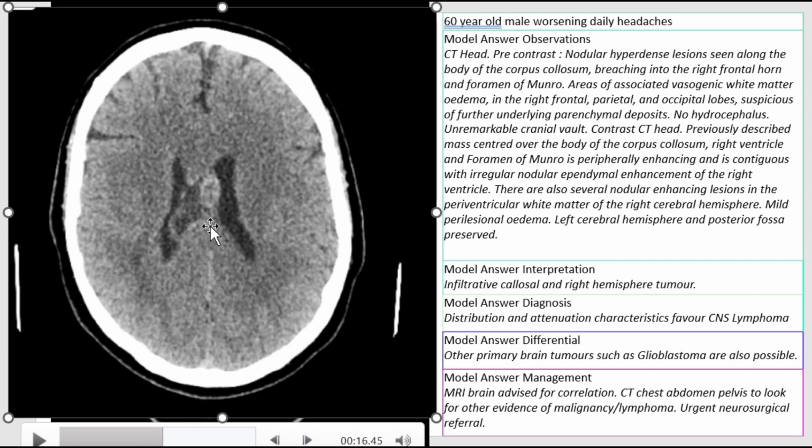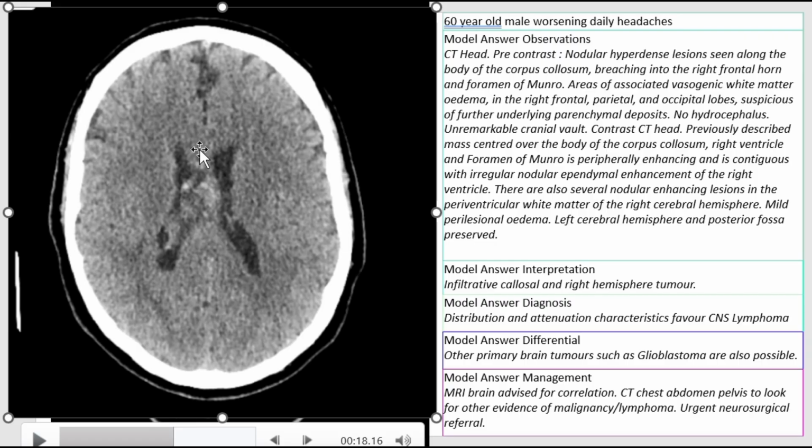As you know, the corpus callosum is made of white matter fibers connecting the two cerebral hemispheres. So the white matter fibers connecting the two cerebral hemispheres at the level of the bodies of the lateral ventricle is the body of the corpus callosum.